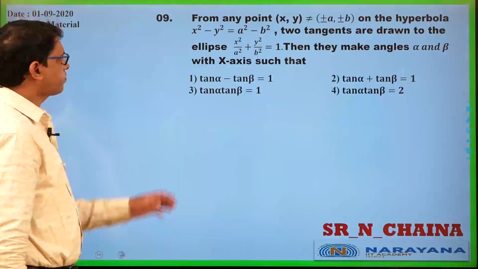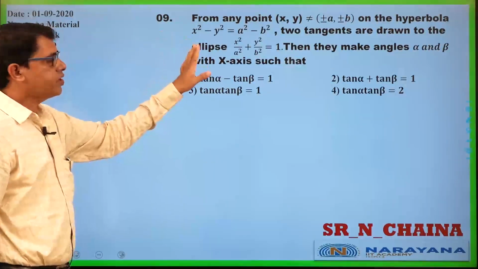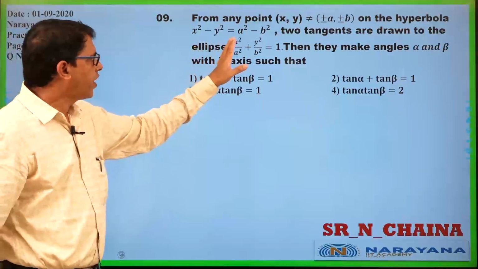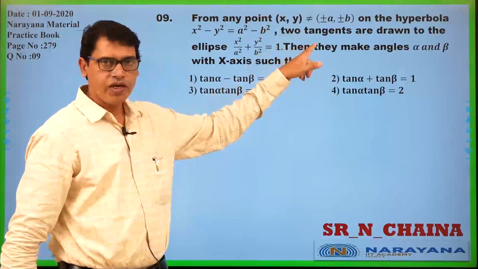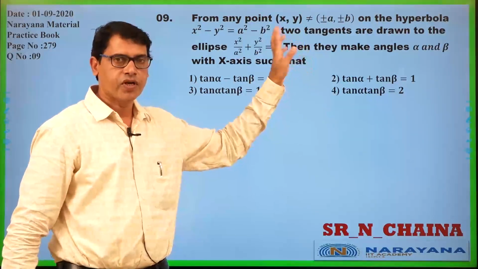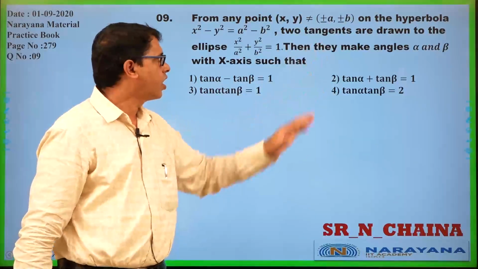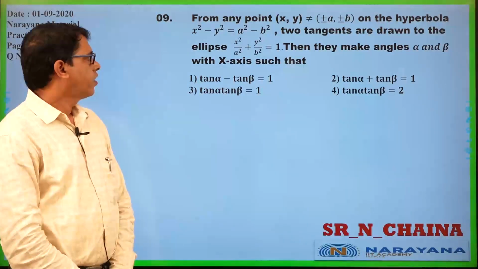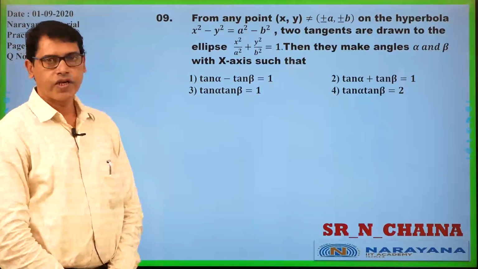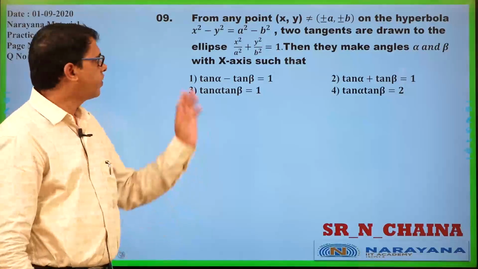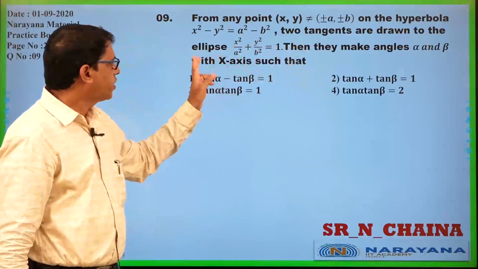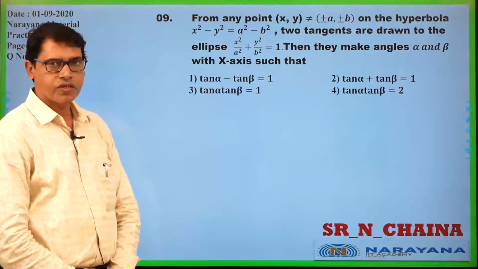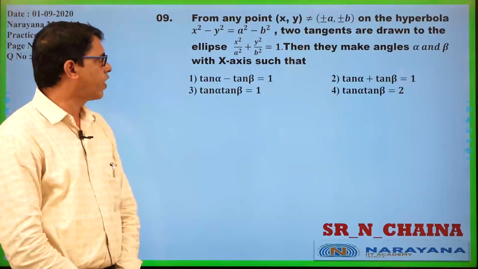See, from any point x comma y, which must not be plus minus a, plus minus b, on the hyperbola x square minus y square equal to a square minus b square, two tangents are drawn to the ellipse x square by a square plus y square by b square equals to 1.